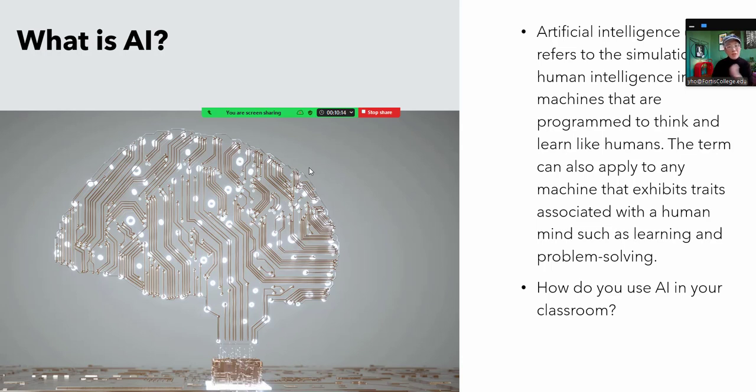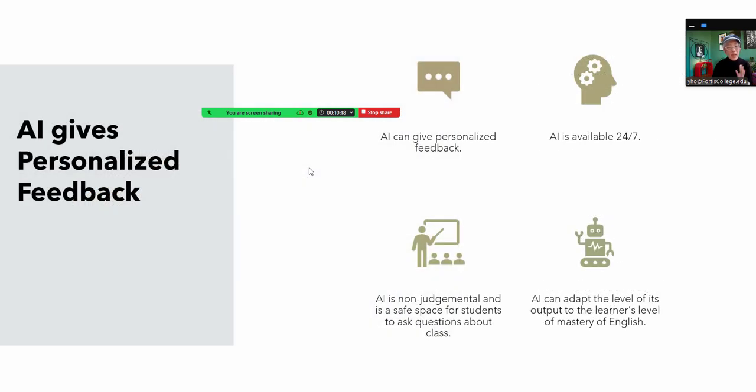So how do you use AI in your classroom? AI gives personalized feedback. AI is available 24/7. AI is non-judgmental and is a safe space for students to ask questions about class. AI can adapt the level of its output to the learner's level of mastery of English.